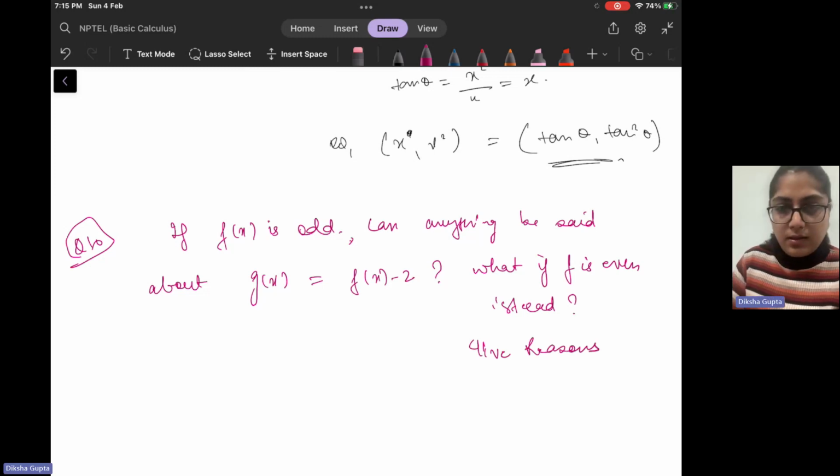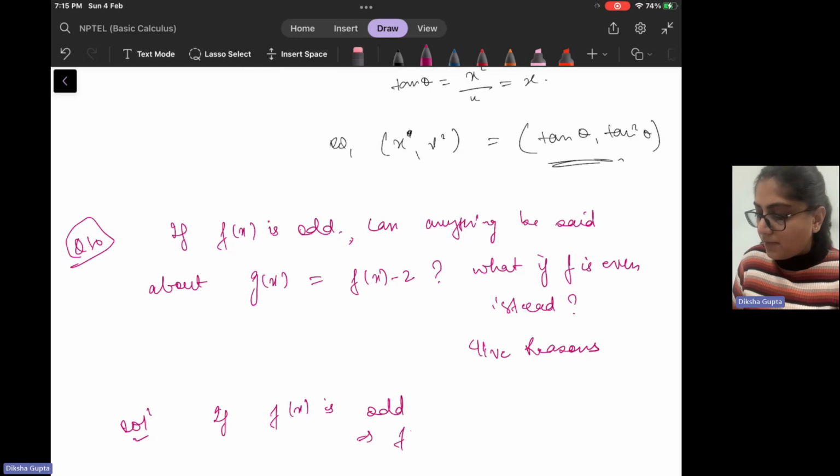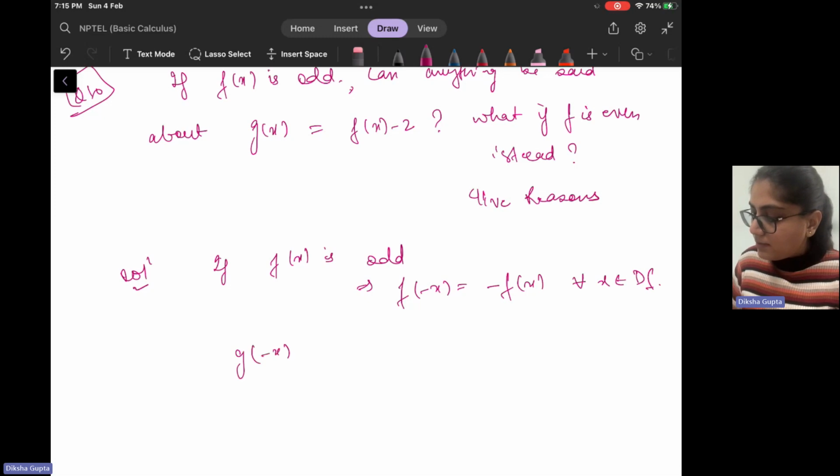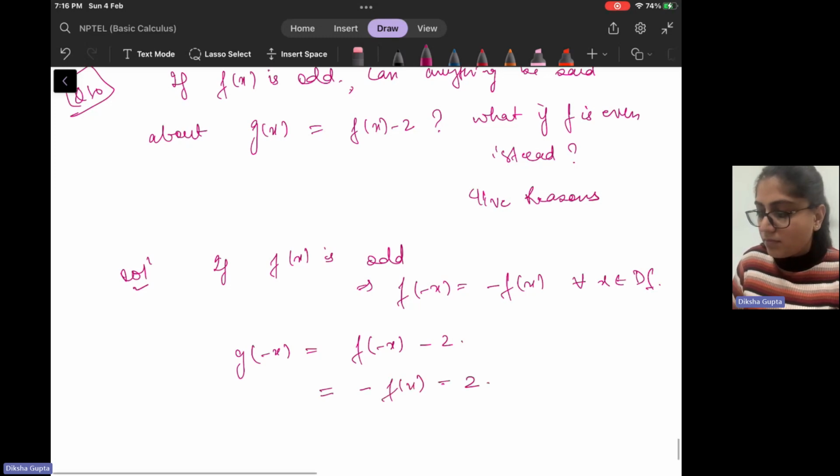Now see, if f(x) is odd, it implies f(minus x) equals minus f(x) for all x in the domain of f. Now g(minus x) is f(minus x) minus 2. This is minus f(x) minus 2.